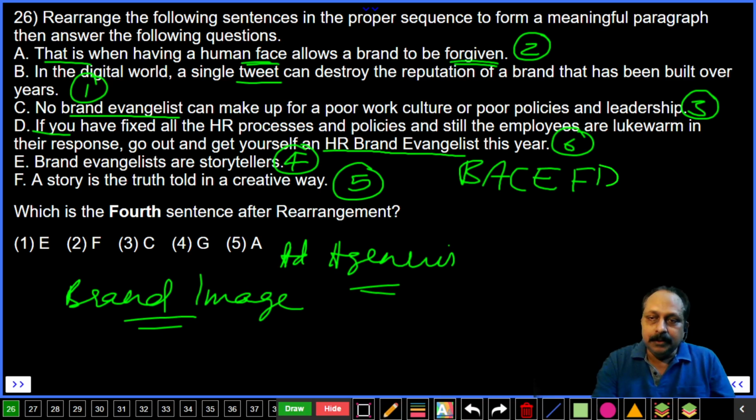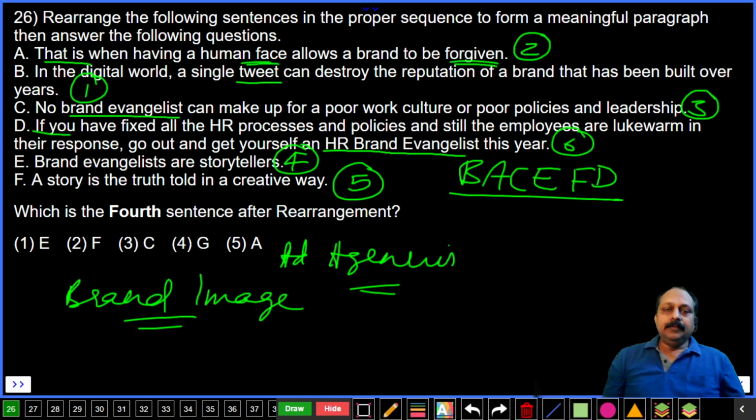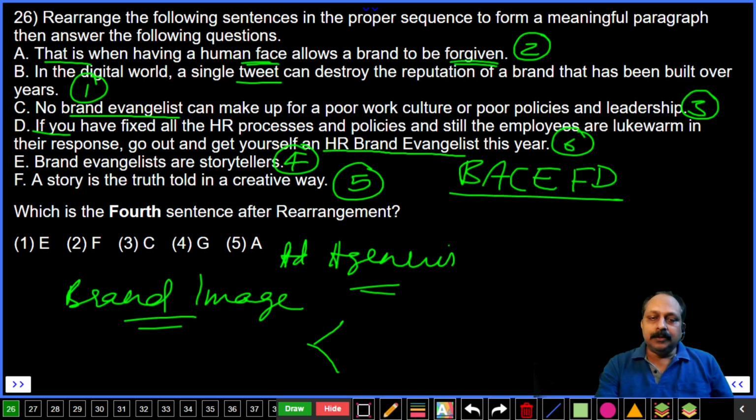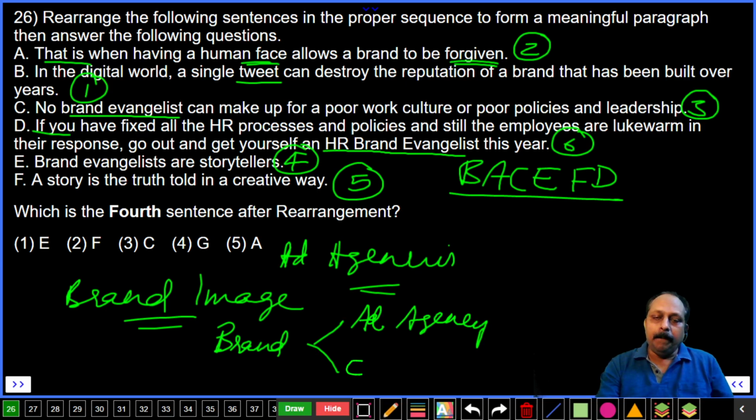So the last one is very difficult, in fact, not at all easy under pressure. One of the reasons is that you should know the context. Here there are two things. It's all about the brand, obviously, but there are two dimensions. One is the ad agency, and the other one is the company.